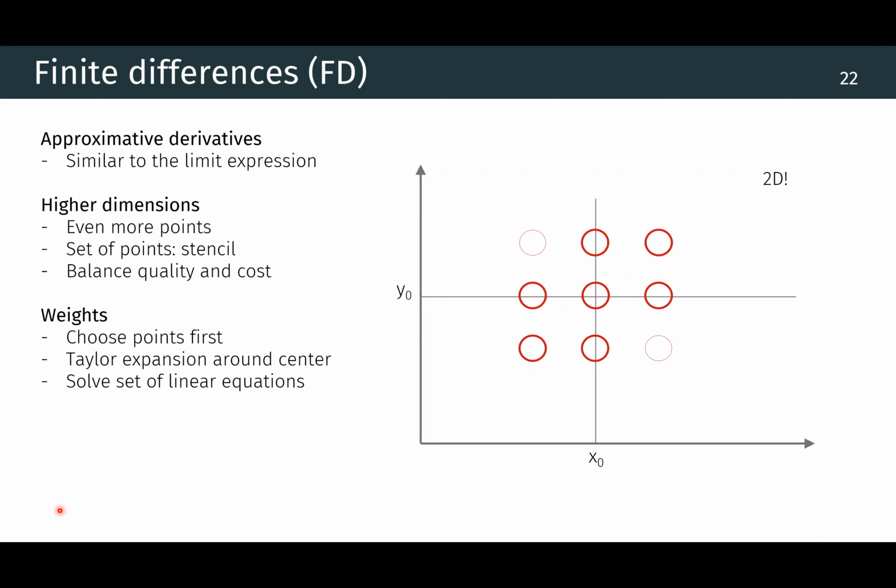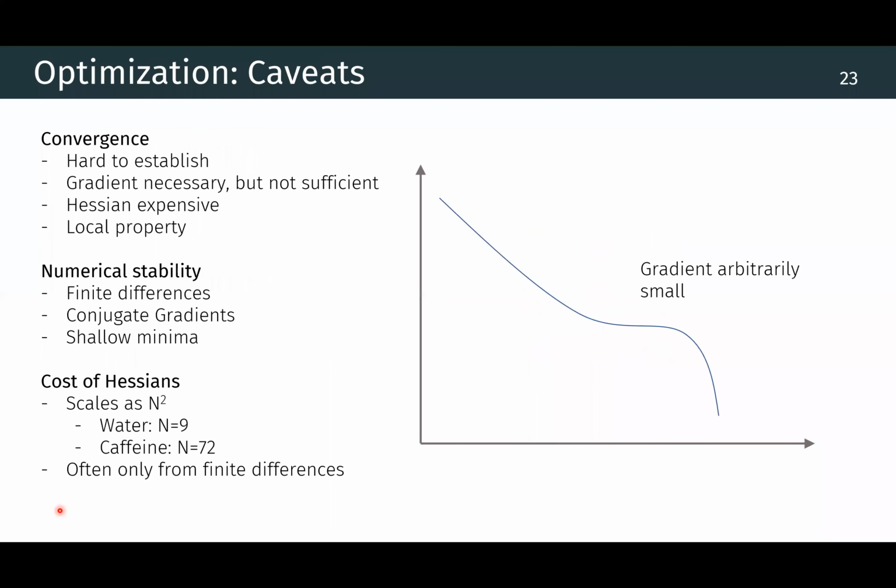Now, whenever you do an optimization, including gradients, there is a whole set of problems you need to be aware of. I would like to briefly discuss them. So the first one is, how do you figure out that your estimation is good enough? The moment you just follow the gradient, that's nice, but it means that at some point you trust the gradient to be small enough.